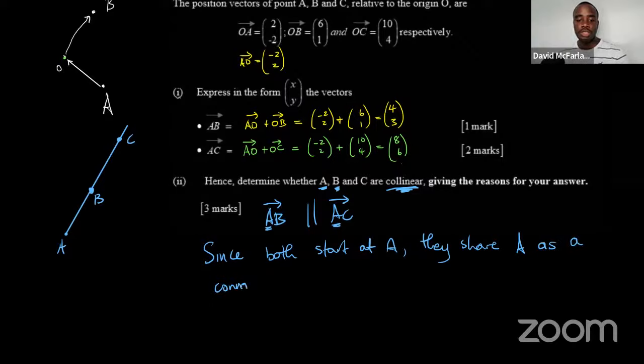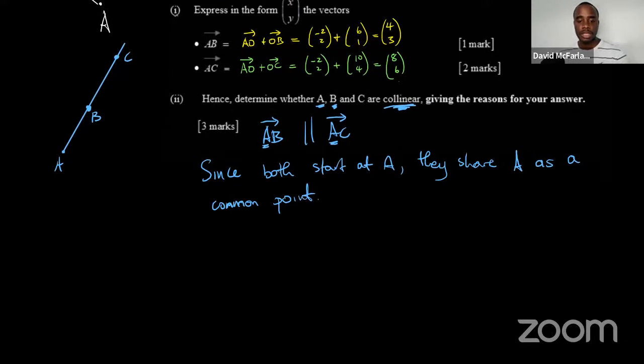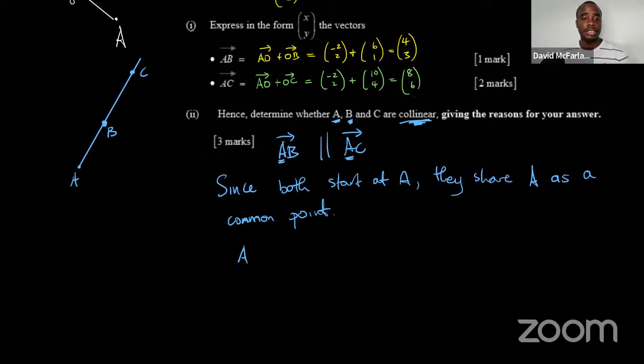So now we just need to show that they are parallel. So let's look at AB and let's look at AC. Because if you visualize it, it's on a straight line. So you're showing that AB is parallel to AC, let me put AC in yellow. AB is parallel to AC some multiple.